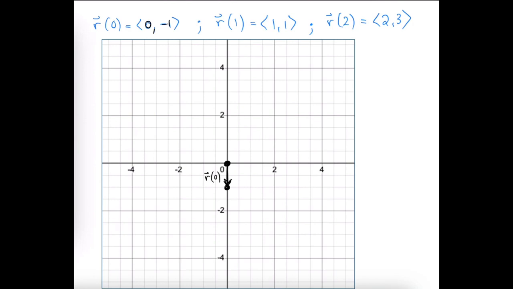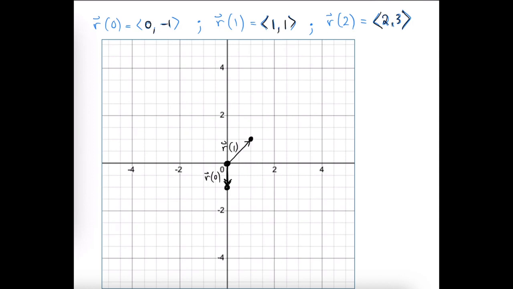My next vector is going to be the one that terminates at the ordered pair 1, 1. 1, 1 is up here, right? So the vector that terminates at 1, 1 and also initiates at the origin is this one here. So we'll say that this vector is the vector valued function evaluated at 1. 2, 3 is the terminal point of this third vector.